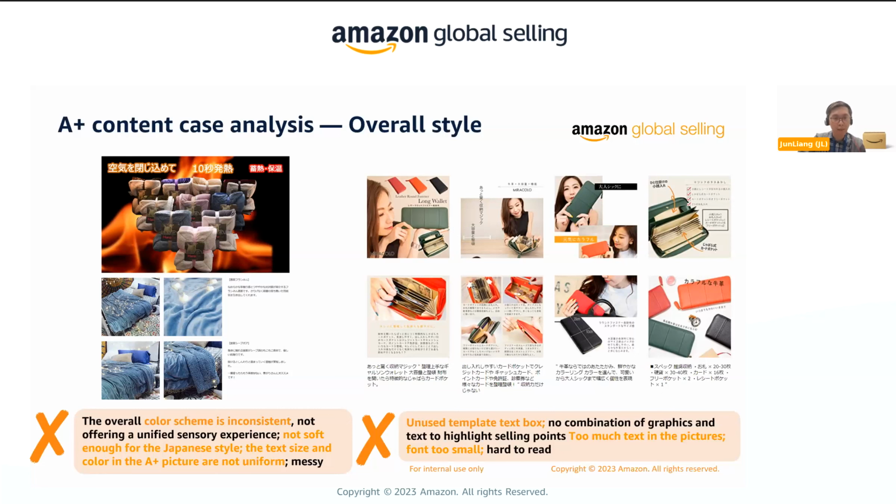Partly the reason is they put in the text as part of the images as well, so you can see it's pretty cluttered. These content pieces try to put in the wording together with the images, and when they put it in together with the text, it just looks a little bit too much. But then again, this is for Japanese, and I know that typically Japanese audiences do see a lot of text in their content.